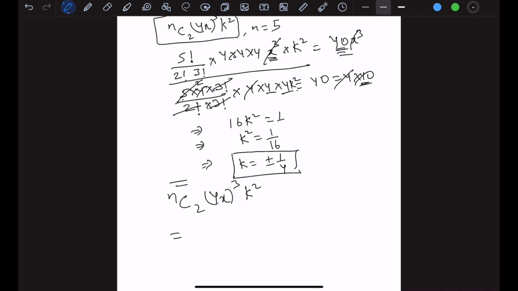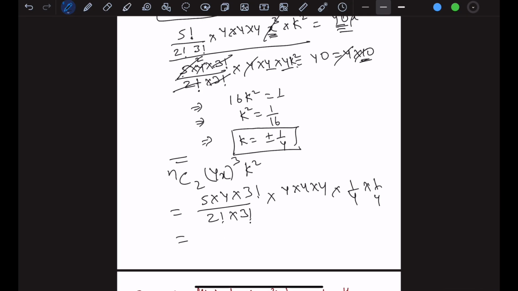Since n is 5 here, I can write 5 into 4 into 3 factorial divided by 2 factorial into 3 factorial, into, we don't need to write x because x is just a variable, 4 into 4 into 4, and k is 1 by 4 or minus 1 by 4. Since it's squared, it doesn't matter. It will be 1 by 4 into 1 by 4. Even if I put 1 by minus 4 into 1 by minus 4, minus 1 into minus 1 will turn out to be plus 1.